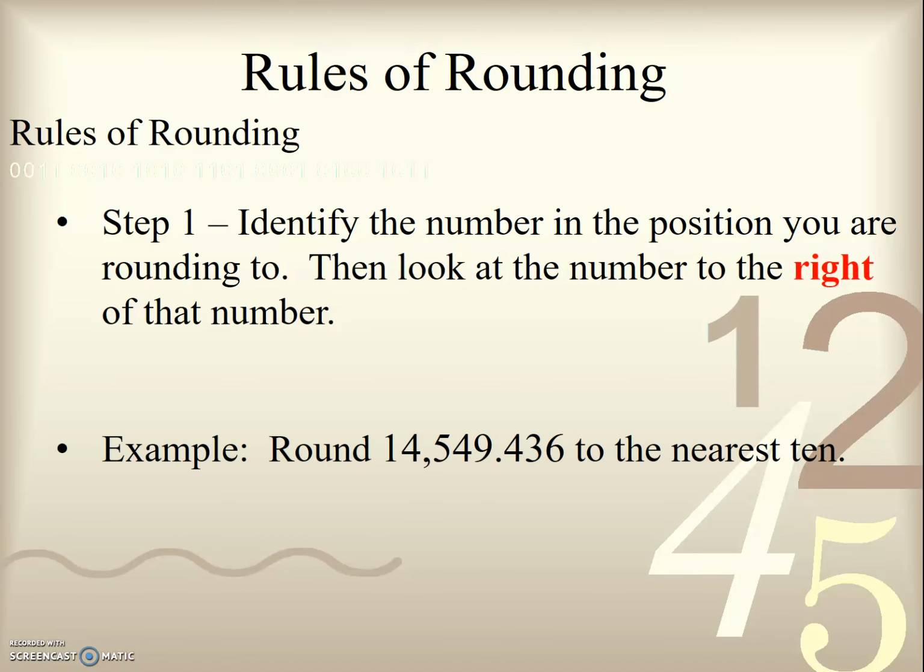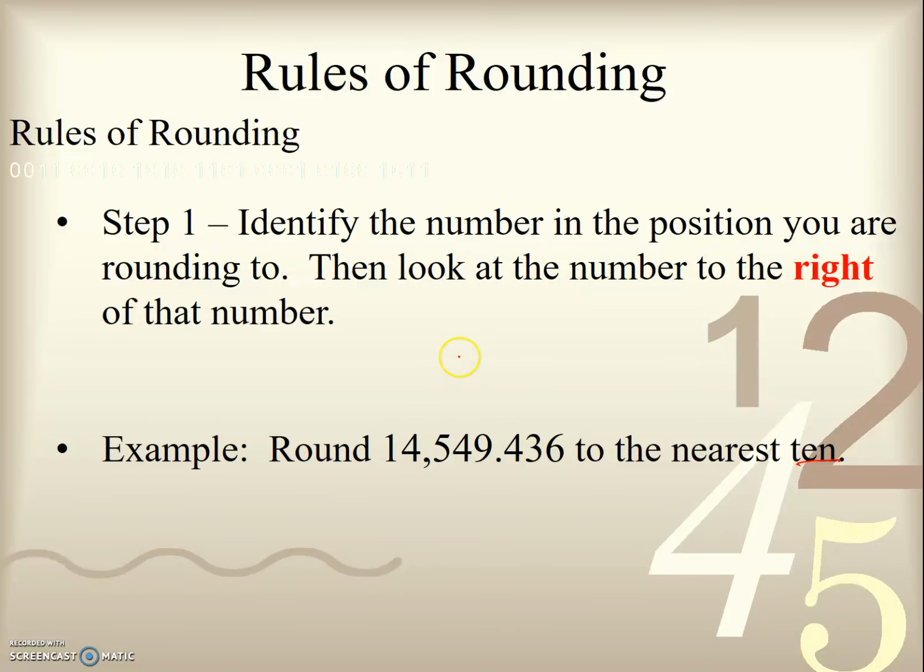So what that means for us is first we're going to identify the number in the position you are rounding to. If we want to round 14,549 and 436 thousandths to the nearest 10, let's figure out what digit is in the tens place. So take a second and just look at that number and make sure that you know what digit is in the tens place.